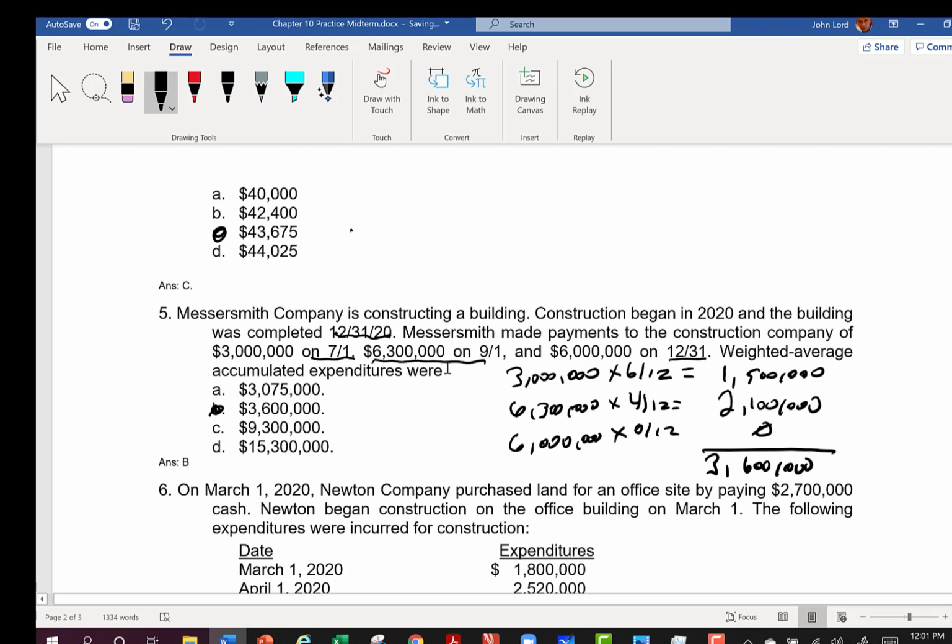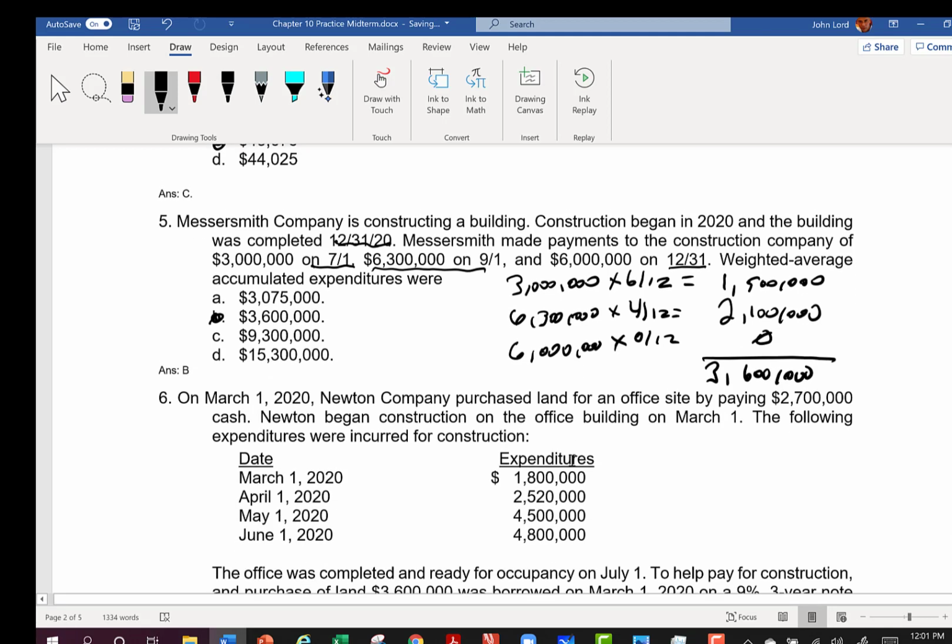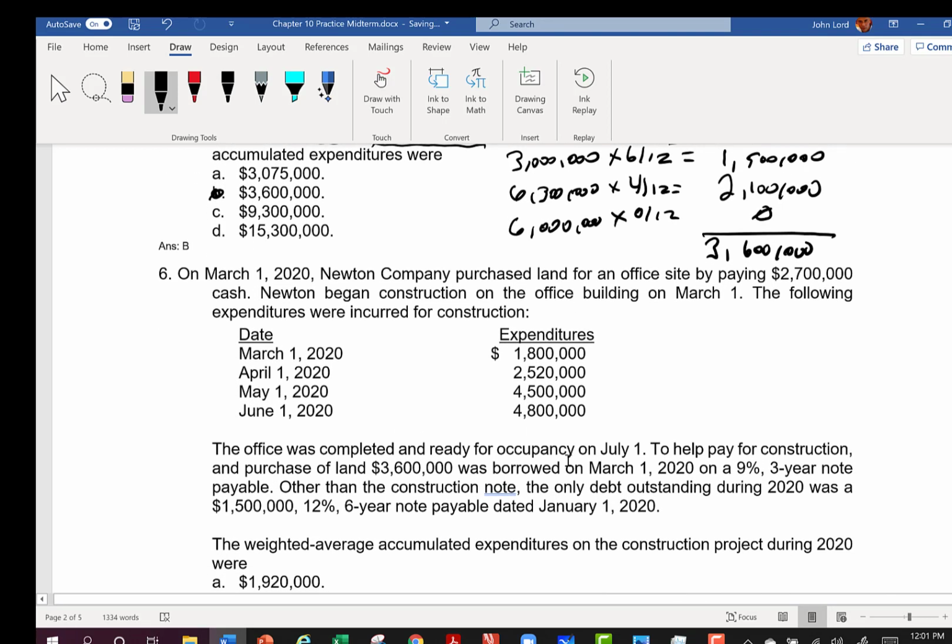Okay, good. Let's take a look at this one now, and we're going to see more of the same. They give me these expenditures. March 1st, 2020. Purchased land for an office site paying $2,700,000 cash. Newton began construction on the office building on March 1st. The following expenditures were incurred for construction.